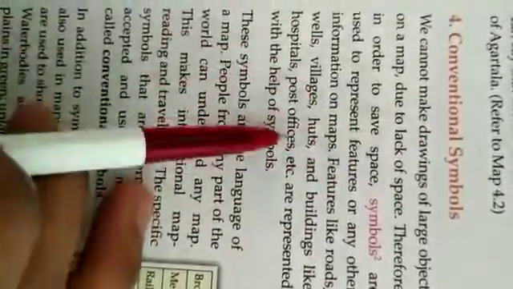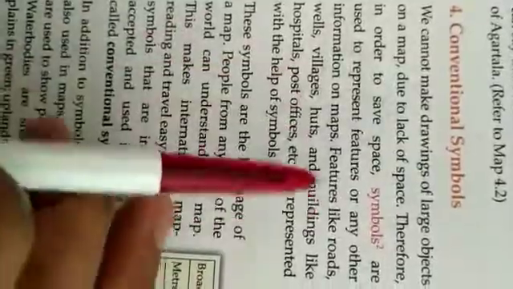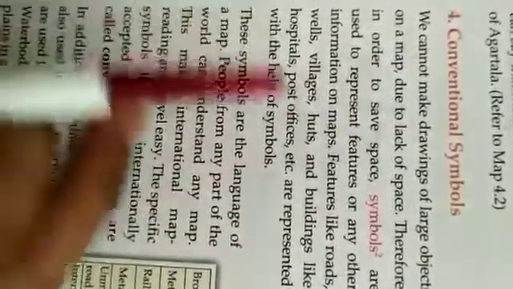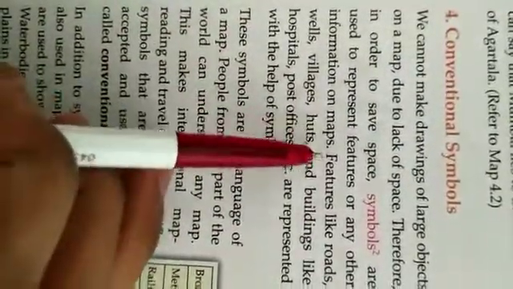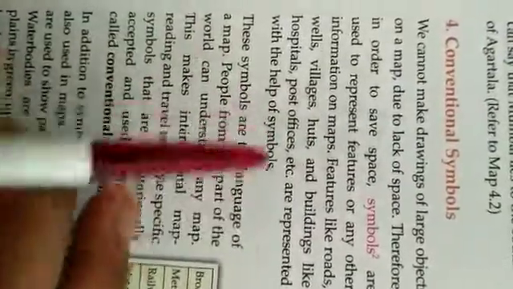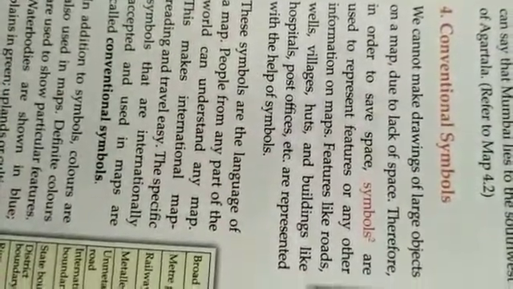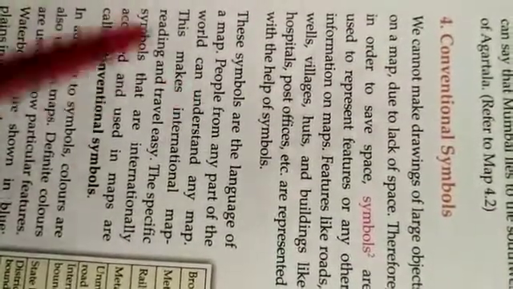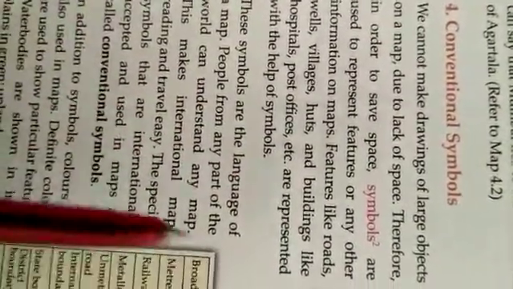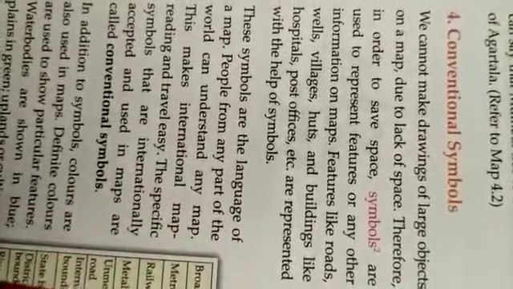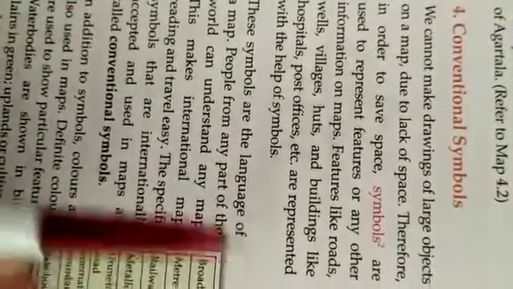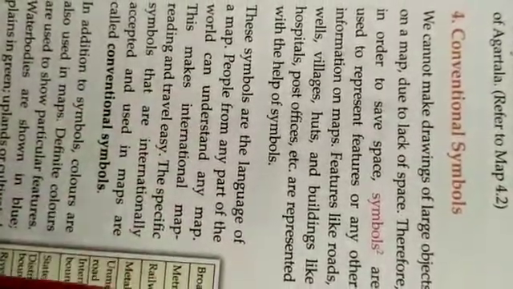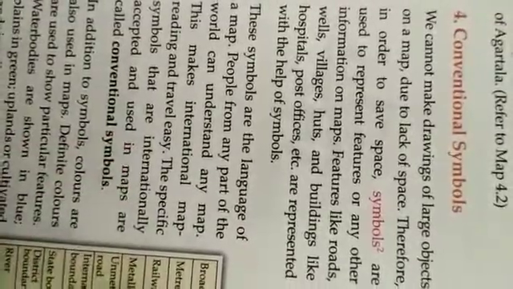Features like roads, wells, villages, huts and buildings like hospital, post office, school, etc. are represented with the help of symbols. These symbols are the language of a map. People from any part of the world can understand any map. This makes international map reading and travel easy. The specific symbols that are internationally accepted and used in maps are called conventional symbols.